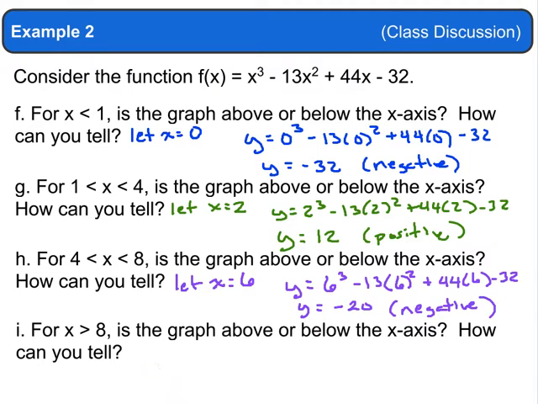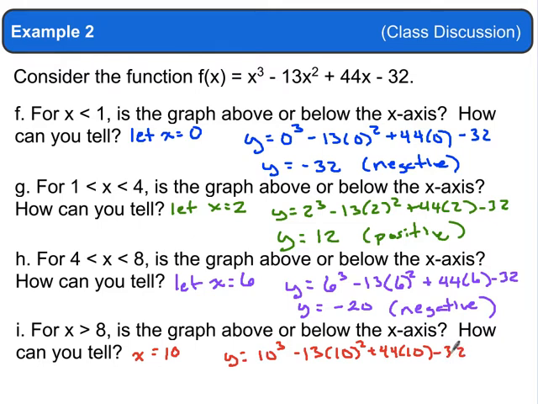And then for the last one, let's just go with x equal to 10, something bigger than 8. So we have y equals 10 to the third power minus 13 times 10 squared plus 44 times 10 and then minus 32.